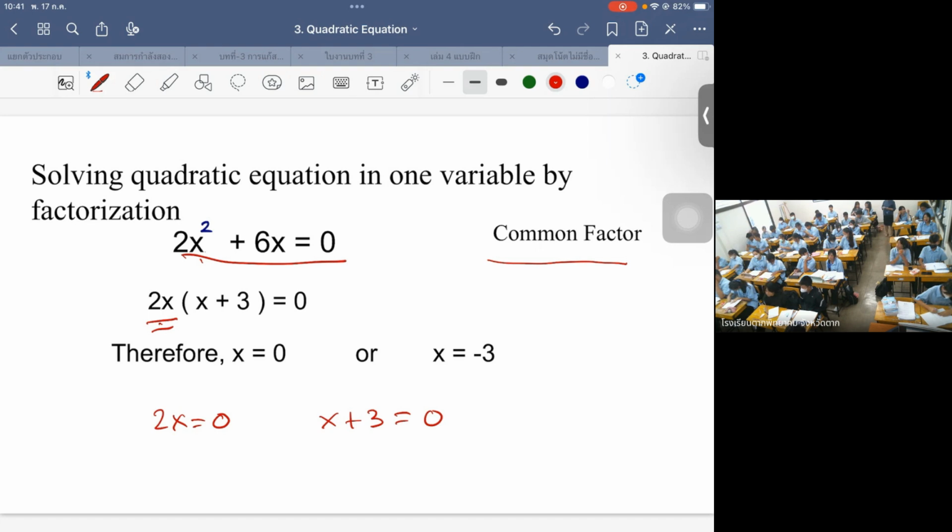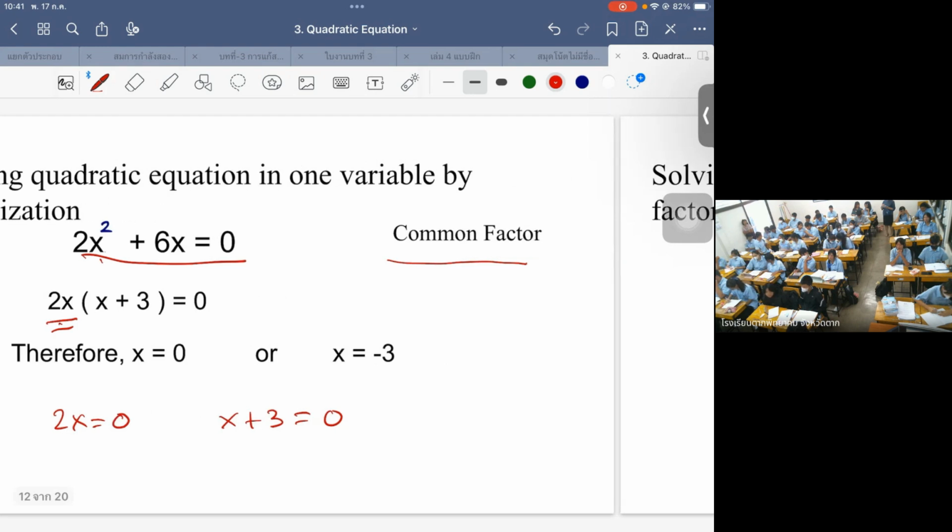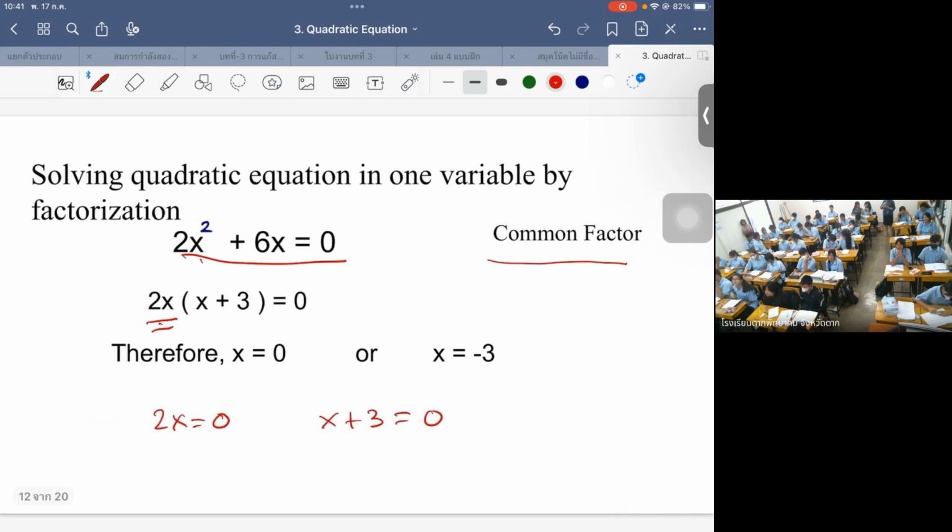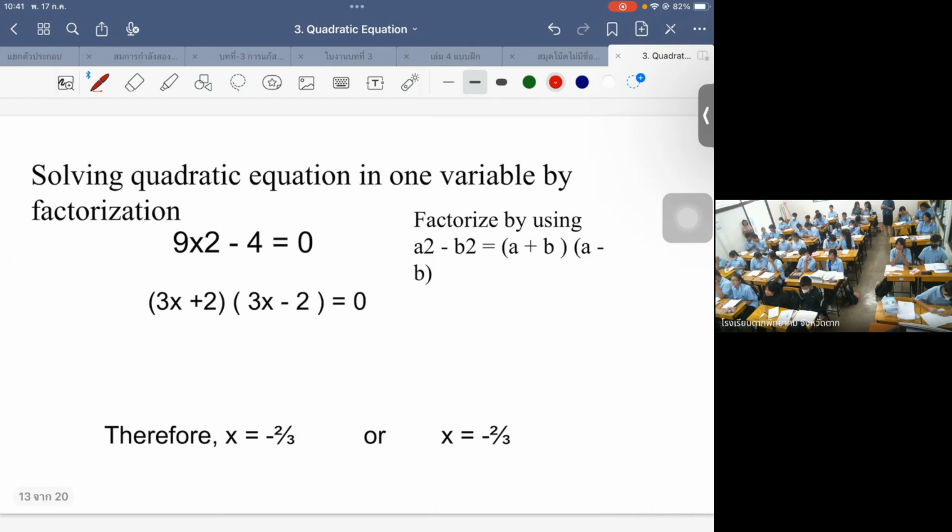All right? Understand? So now, next example is about the factorized by using this one. Do you remember about that? So x squared minus b squared is equal to x plus b multiply x minus b. Remember the factorization that we already tackled?